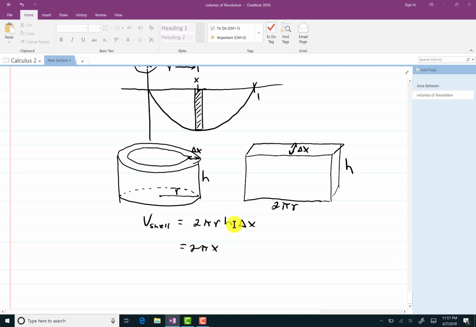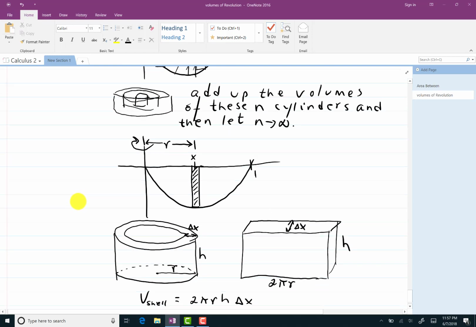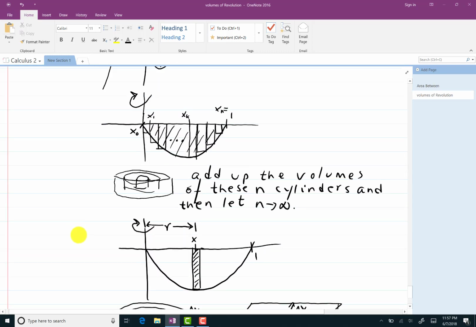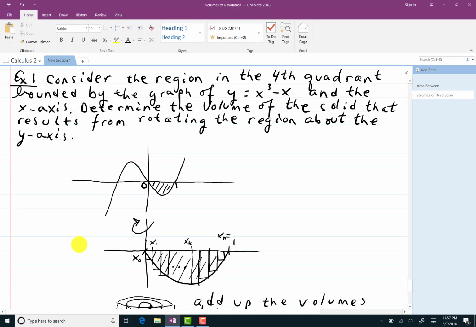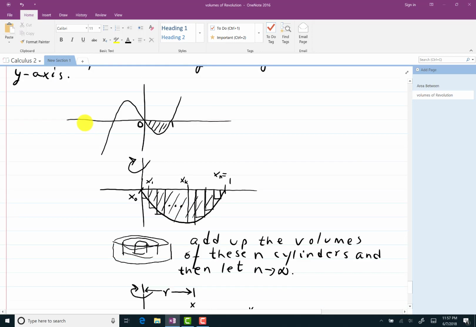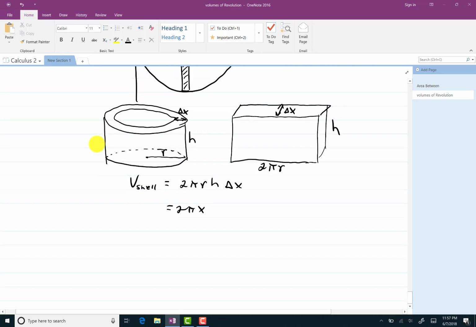Now what's the height? The height is the vertical line y equals 0 minus, well, what's at the bottom of this thing? The graph. So I'm going to take 0 minus whatever that function was, x cubed minus x. So you're going to get, I'll put this in a block right now, 0 minus (x cubed minus x).